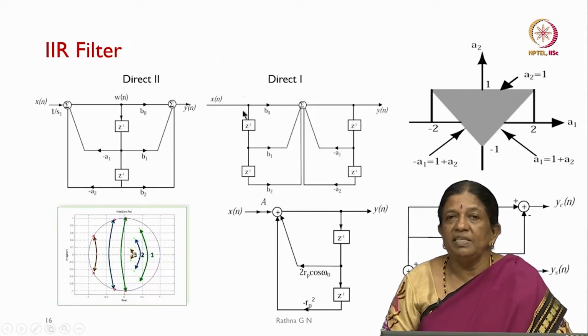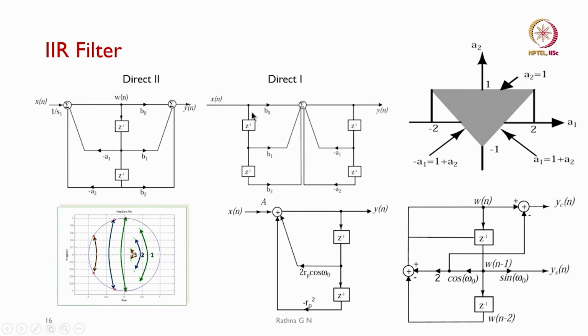So, we said in IIR filter, from the FIR filter we went on to design our IIR filter. So, we said direct 1 form and direct 2 form, what are the advantages and disadvantages basically. So, our storage is minimized in this, whereas here it is twice in this case, and the problem with respect to these two is if there are positive and negative values.